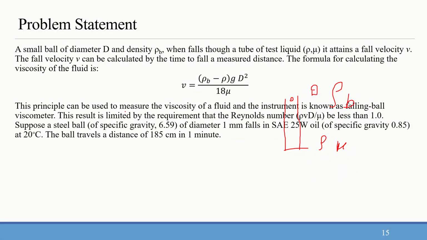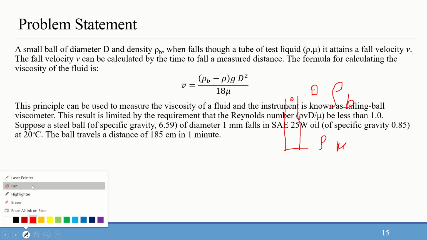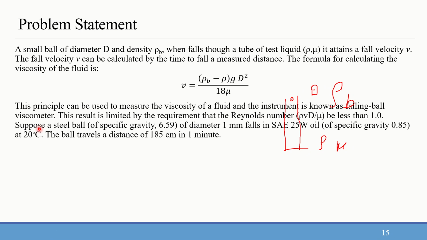This principle can be used to measure the viscosity of the fluid, and the instrument is known as falling ball viscometer. Here everything is known, so we can calculate mu. This result is limited by the requirement that the Reynolds number be less than 1. Why does it state so? When Reynolds number is less than 1, the flow regime is Stokes regime.